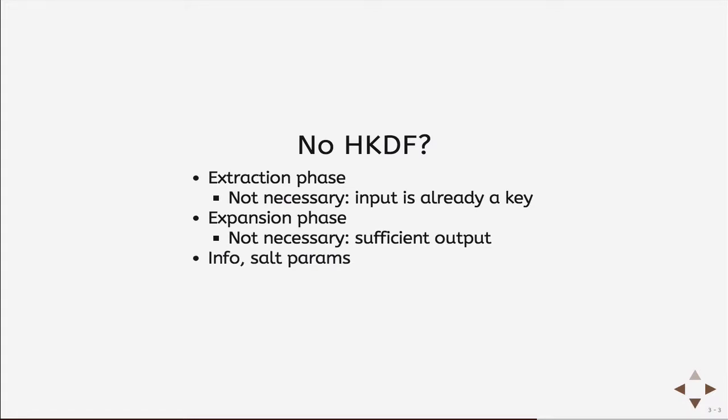And finally, HKDF is good because it gives you info and salt parameters, and it turns out that Blake 2 provides those as well. So basically all of the features that made HKDF great were considered when designing Blake 2, and as a result, it's not necessary for us to use HKDF, but that's specifically because we're using Blake 2.